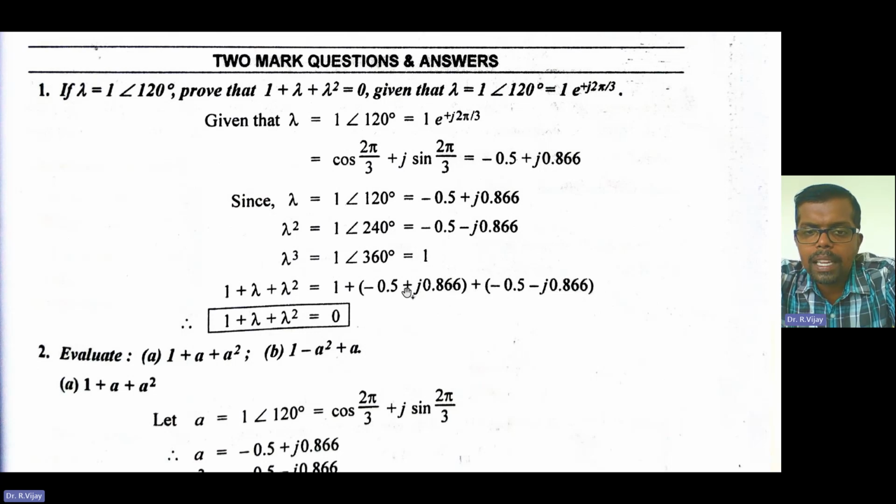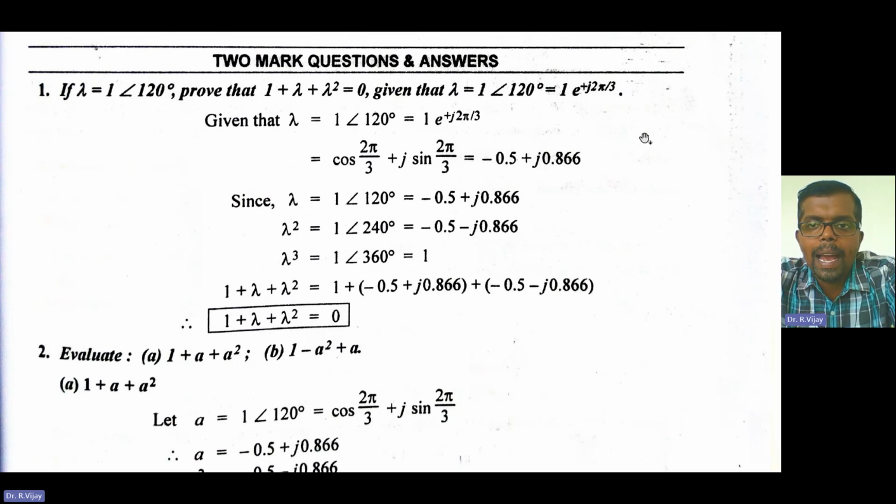The j terms get cancelled, and minus 0.5 minus 0.5 will become minus 1. So minus 1 plus 1 is 0. Hence it is true. That is, 1 plus lambda plus lambda square is equal to 0. So this is the 2 mark question.